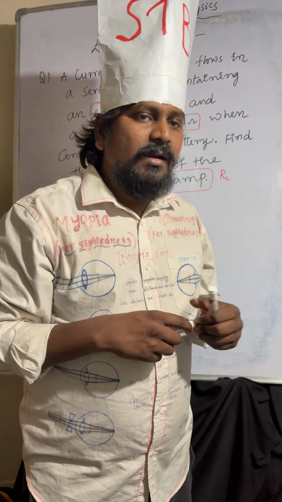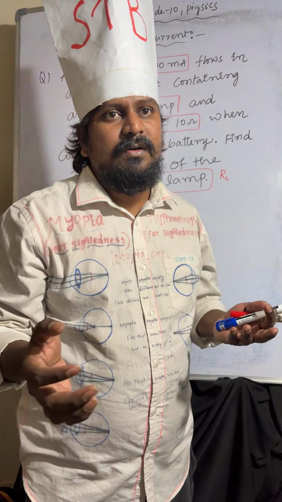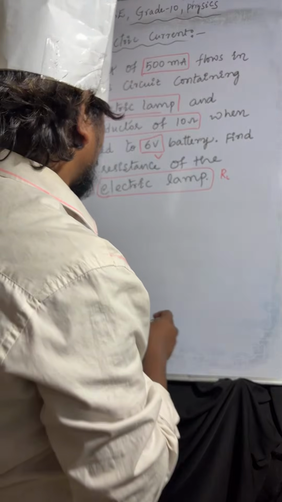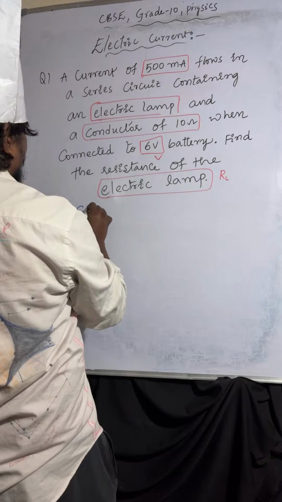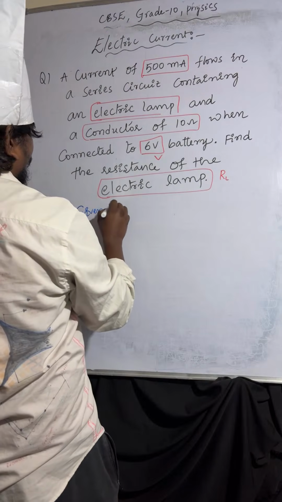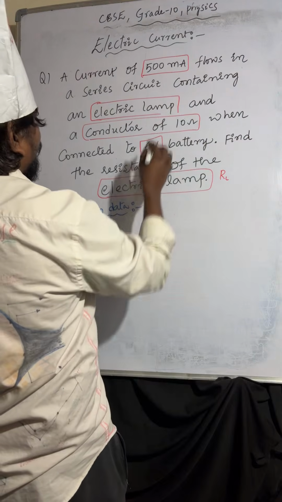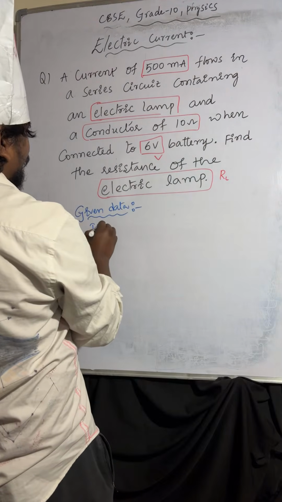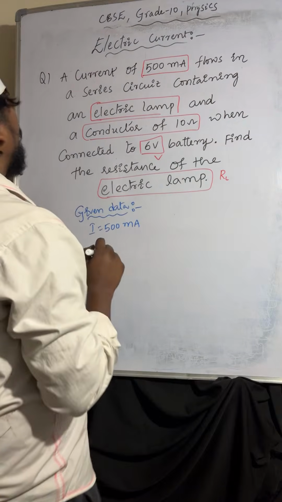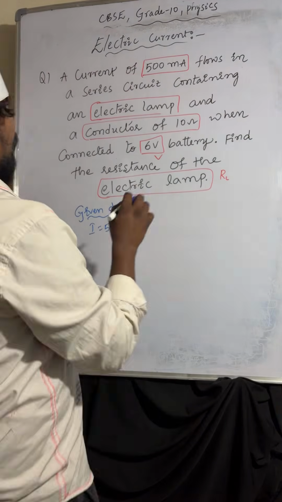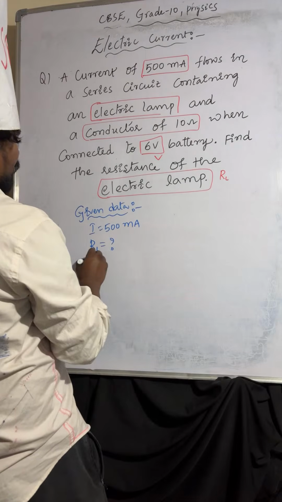So for that, what you have to do? We know Ohm's law, V equal to IR, right? Now we can check the given data. Current is given, 500 milliampere, and the electrical lamp RL we have to find out.